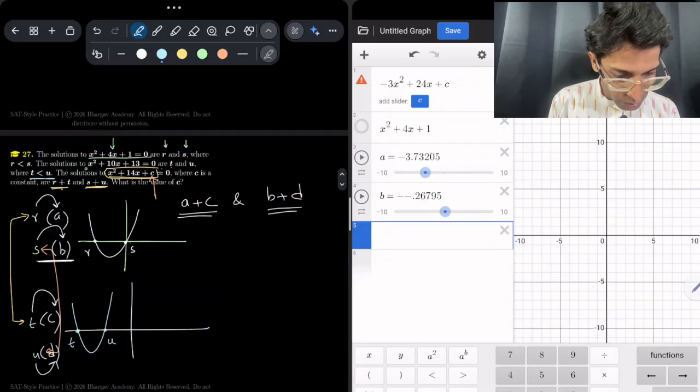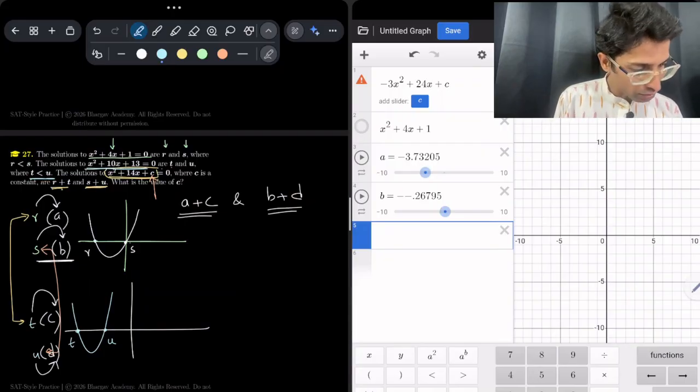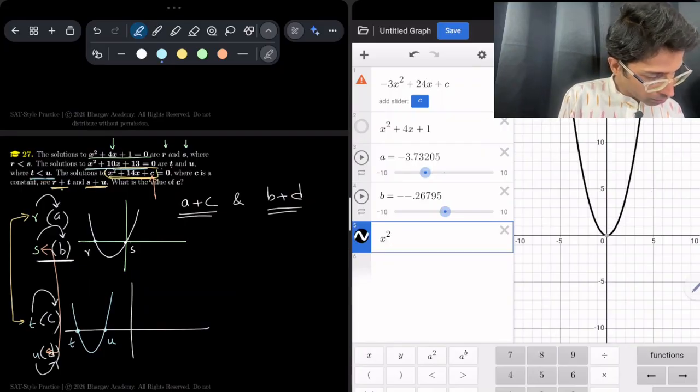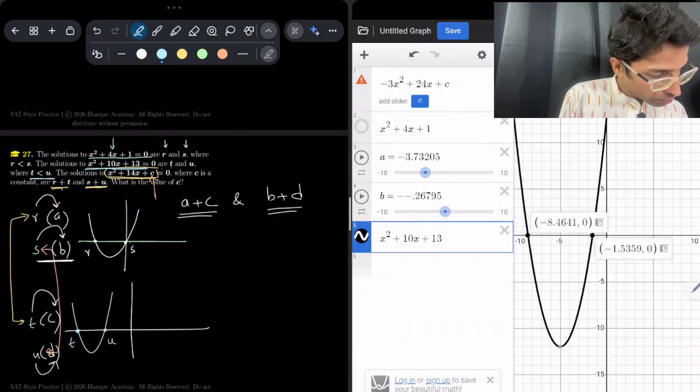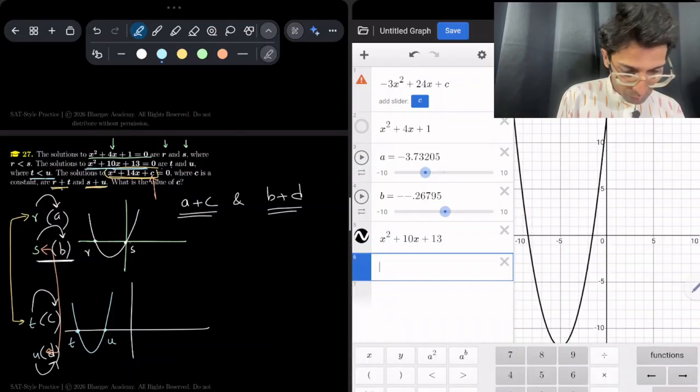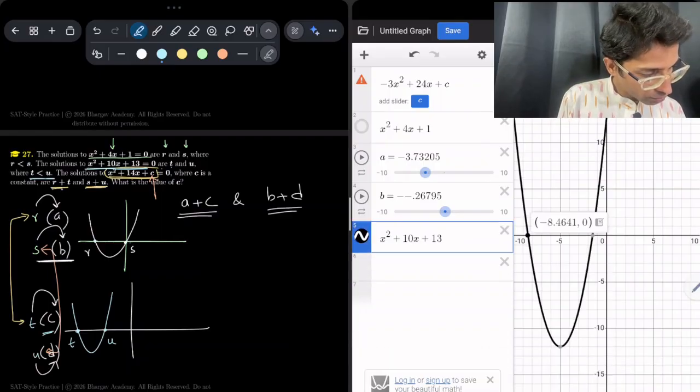The next equation is x square plus 10x plus 13. What is the value of c? C is this point.